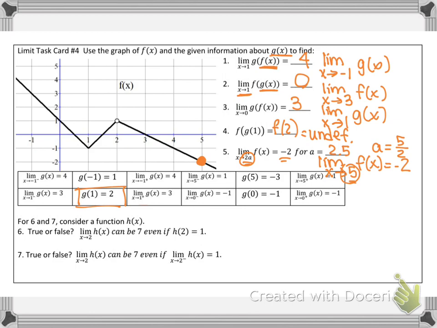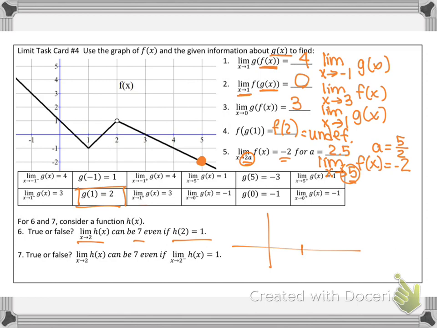Okay, really important. Let's talk about these true or false statements. True or false? The limit as x approaches 2 of h of x can be 7, even if h of 2 is 1. Think about that. Can our function have a value elsewhere and have a different limit? It sure can.